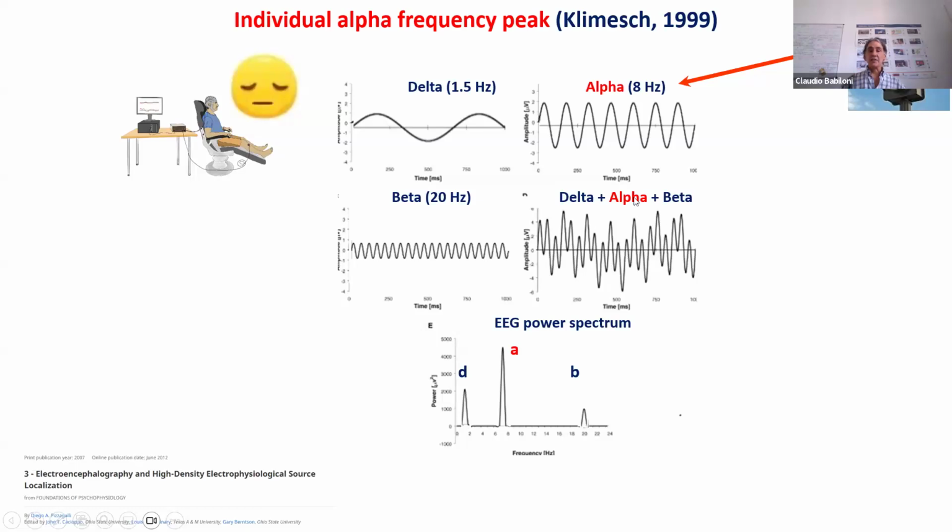And you see in this simulated EEG, delta plus alpha plus beta, a sketch of EEG activity in this mathematical simulation of EEG formed by only 3 elementary sinusoidal oscillations: at 1.55 Hz in the band of delta, at 8 Hz in the band of alpha, at 20 Hz in the band of beta.